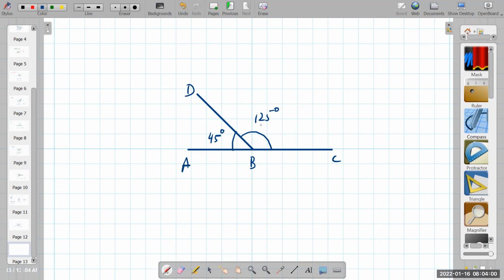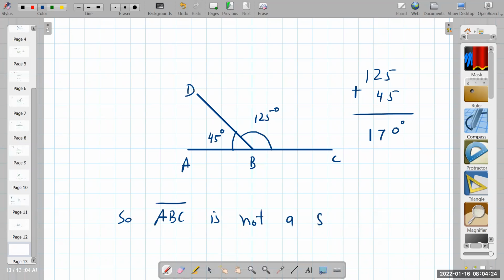So we will see that 45 plus 125 is 170. So this is not a straight line. So the line ABC is not a straight line.